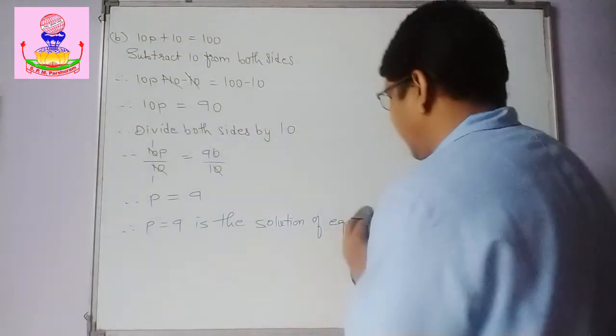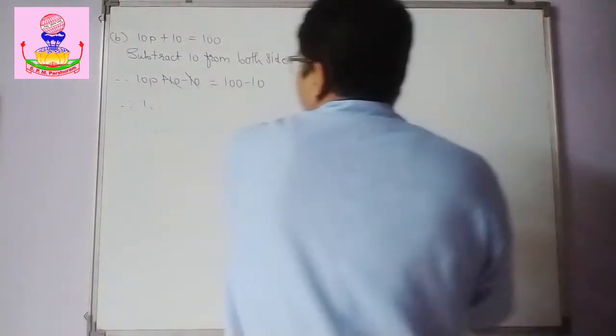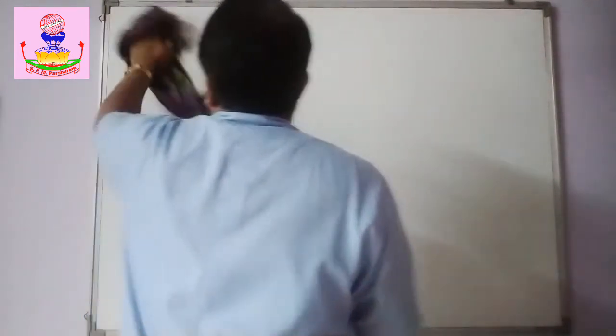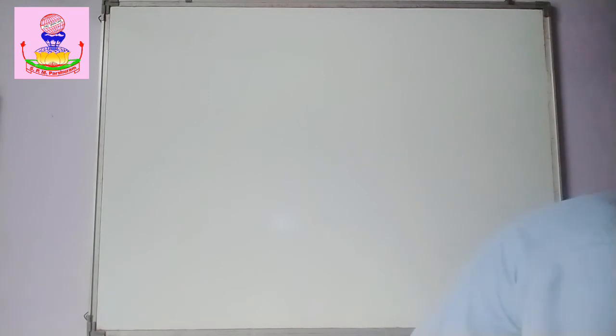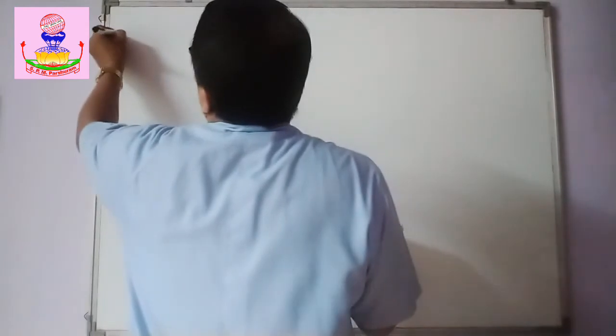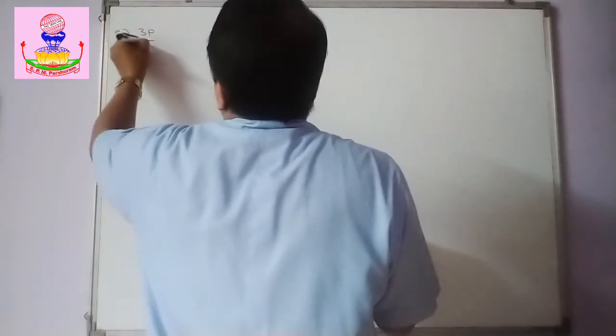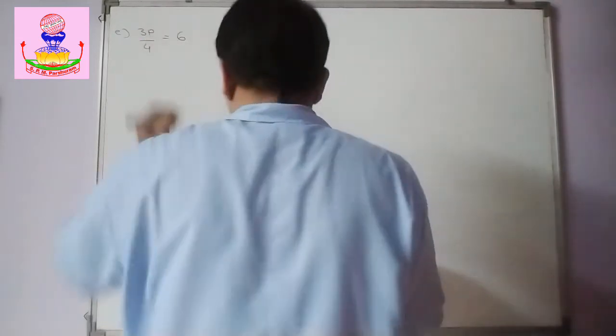Okay, now let's go for another example. So next I can solve is E. 3p upon 4, that is equal to 6.